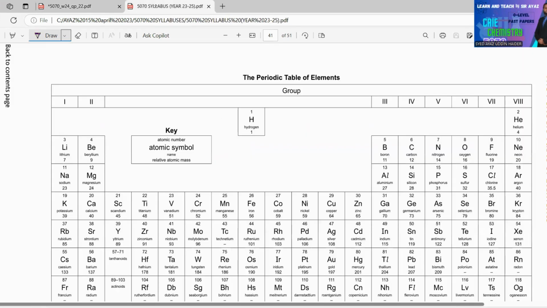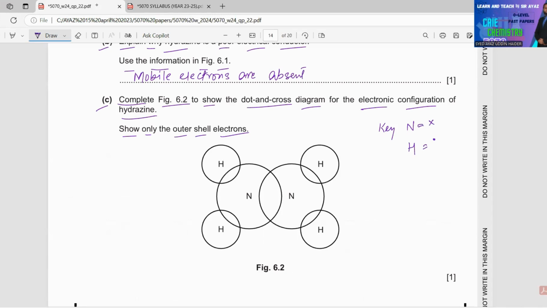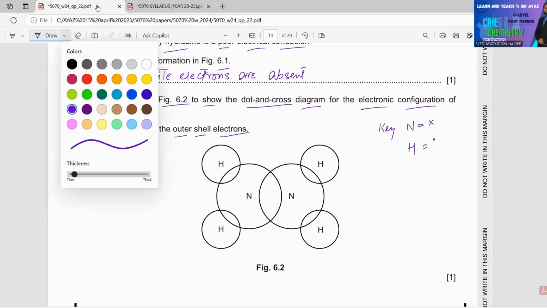If you look at the position of nitrogen, nitrogen is in group 5, which means it contains 5 valence electrons. Each nitrogen atom has 5 valence electrons, while hydrogen has 1 valence electron. The proton number of hydrogen is 1. So each hydrogen atom has 1 valence electron.